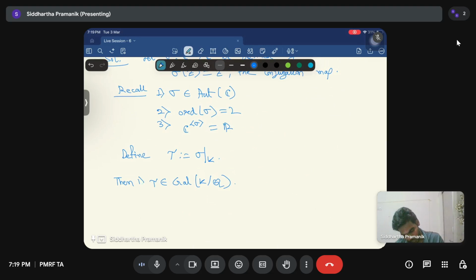So this is the first thing. Second thing is what is the fixed field of this tau?